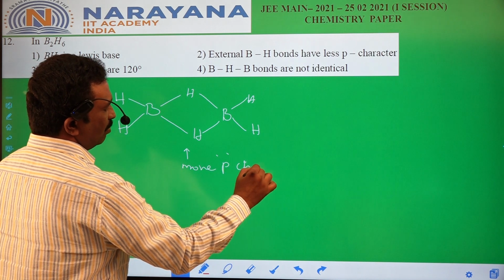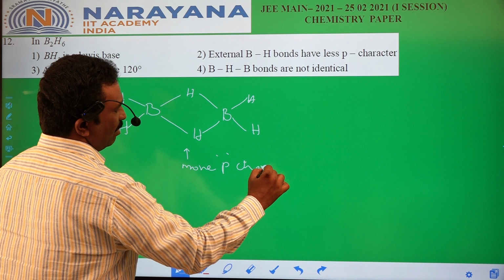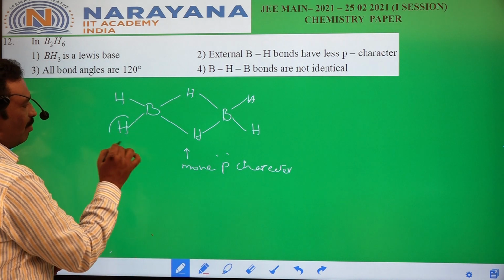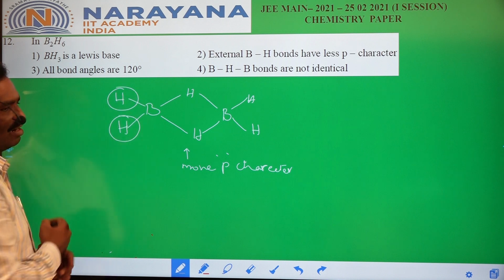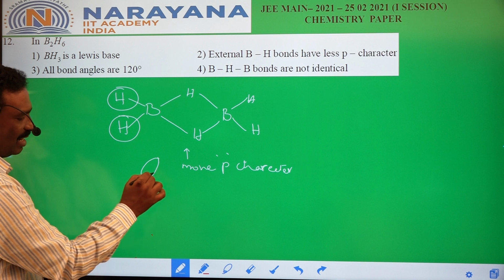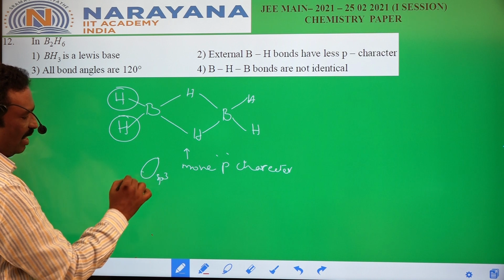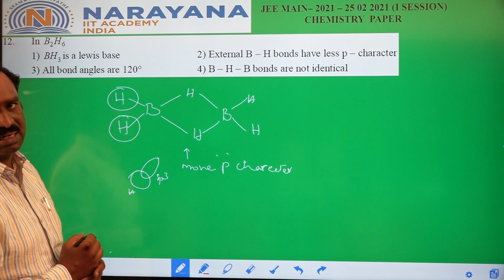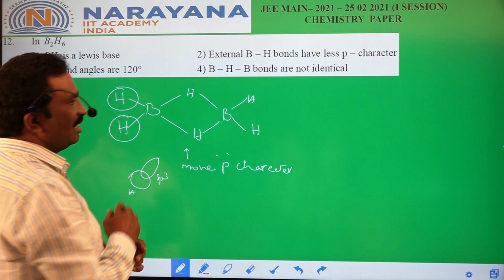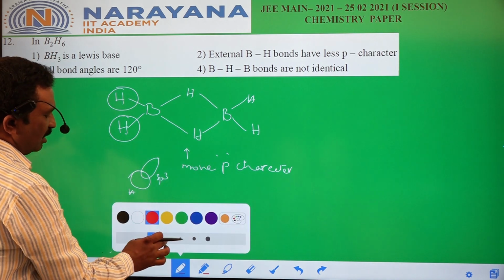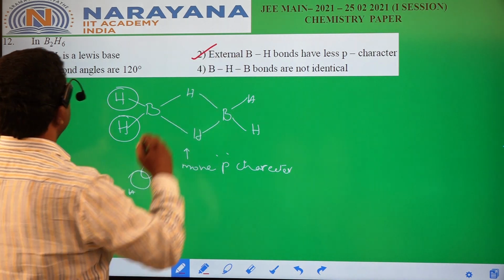Because of that more p character in the hybrid orbital, sp3 hybrid orbital, the terminal bonds are formed by overlapping of the hybrid orbital sp3 with the 1s orbital of hydrogen. Here the percentage of p character is less and s character is more. So 2 is the correct statement in this.